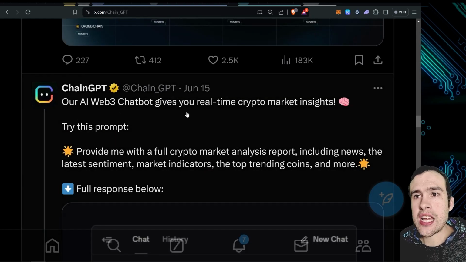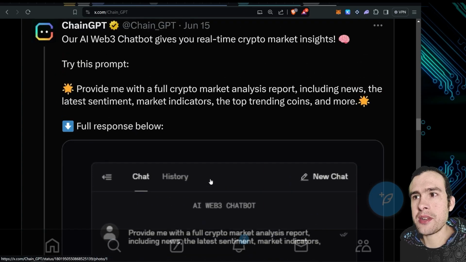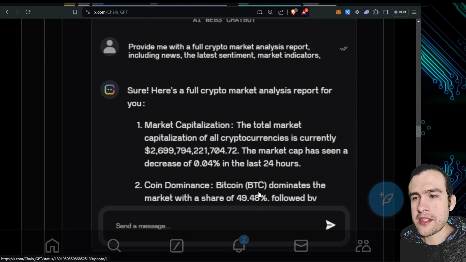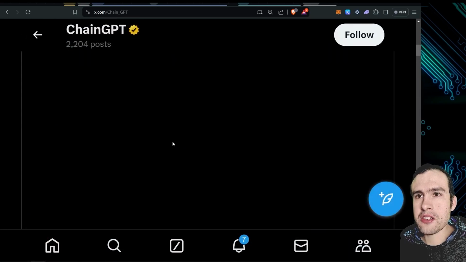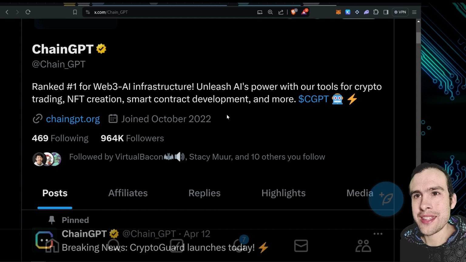So it's a Web3 chatbot, essentially giving you real-time crypto market insights. You can actually just prompt it with stuff and ask it. So it's a bit like ChatGPT. You can see that it's responding to this query, giving the market cap, BTC dominance, all that sort of stuff. I think it's really crypto specific, right? So it's not like a ChatGPT killer or anything like that. It kind of works with that sort of infra.